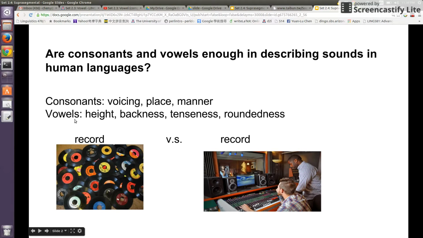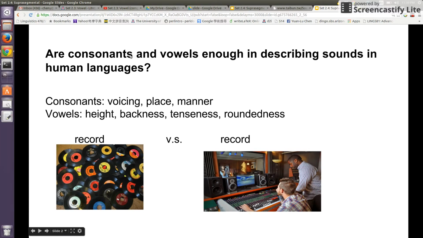For consonants, we have three dimensions: voicing, place, and manner. And for vowels, we have four dimensions: height, backness, tenseness, and roundedness.